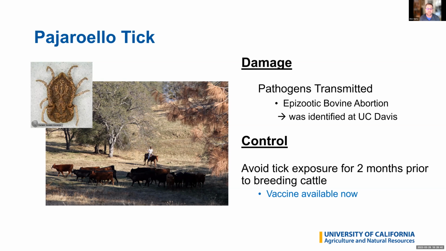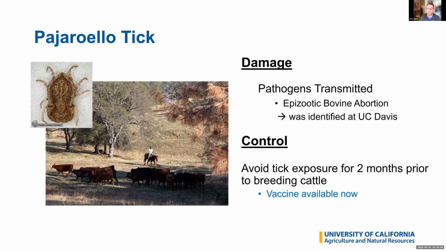The Pajuelo tick is mostly well known from the foothills of the Sierra Nevada mountains, although there are some areas of the coastal mountain range in California too, where you can find Pajuelo tick. And in terms of damage, this tick is known as the vector or the transmitter of a pathogen that causes epizootic bovine abortion.